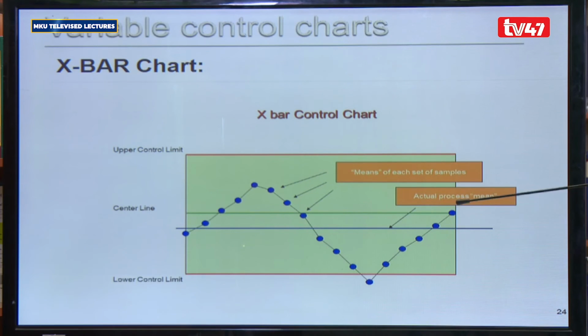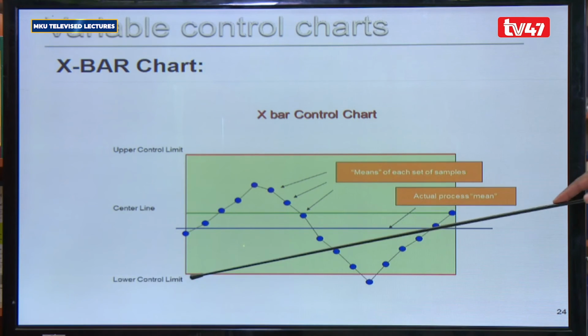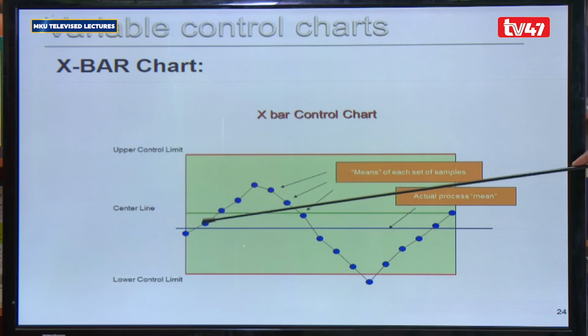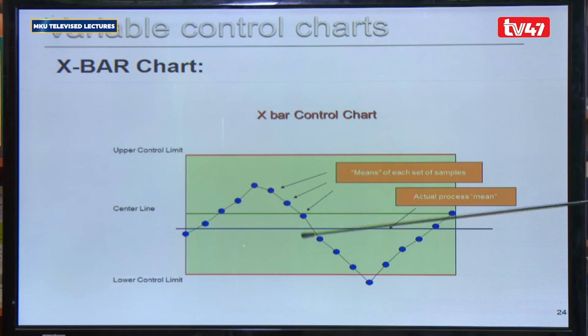Then we have the actual process mean, which is the center line. And then we have the upper control limit and the lower control limit. Then these are the individual means from the given samples. So those samples whose means go beyond this threshold are considered undesirable.